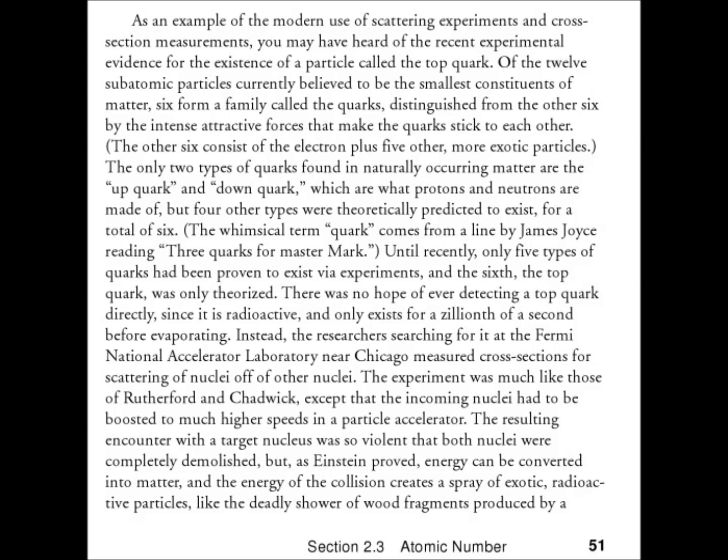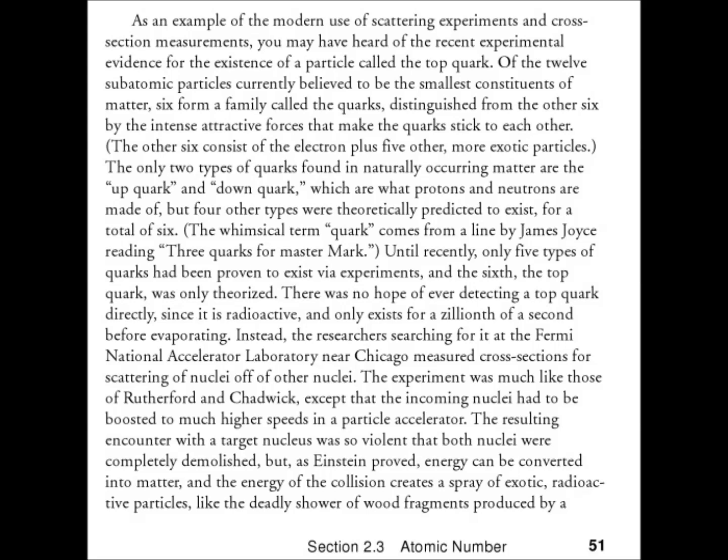The experiment was much like those of Rutherford and Chadwick, except that the incoming nuclei had to be boosted to much higher speeds in a particle accelerator. The resulting encounter with a target nucleus was so violent that both nuclei were completely demolished.